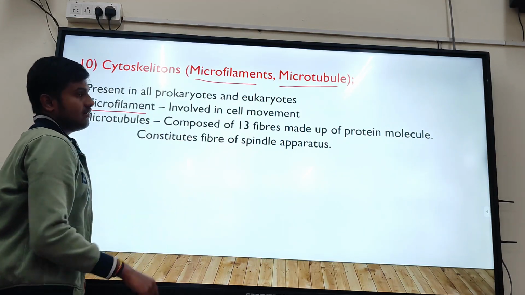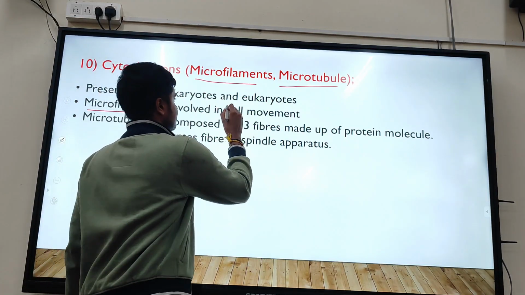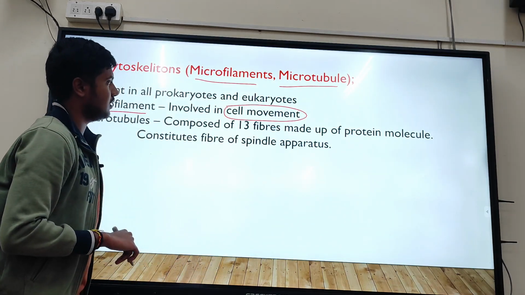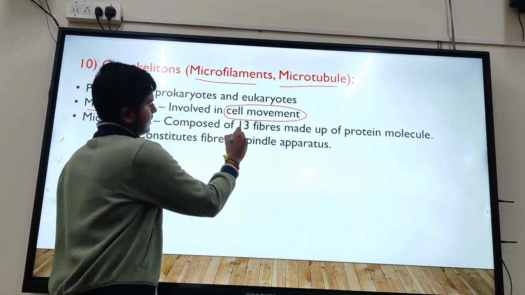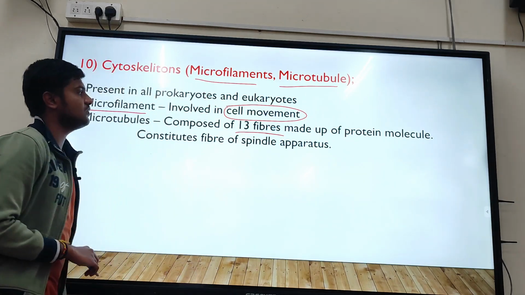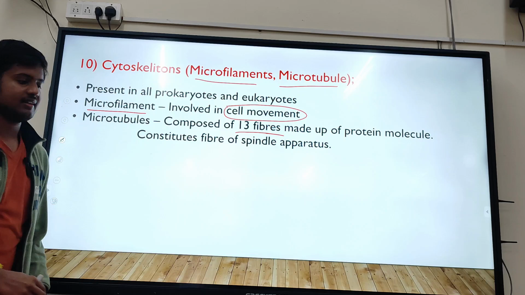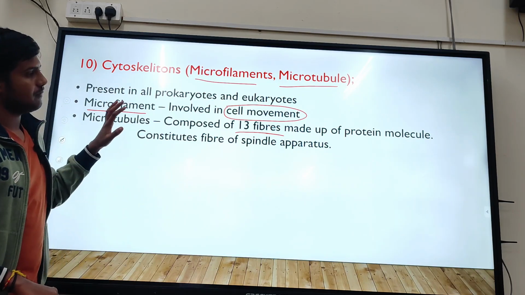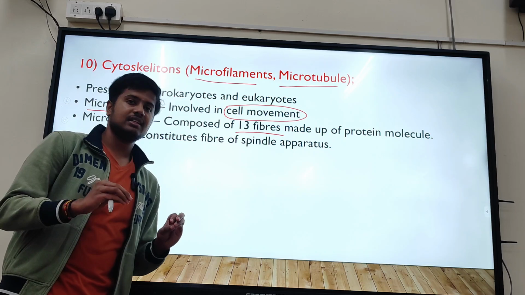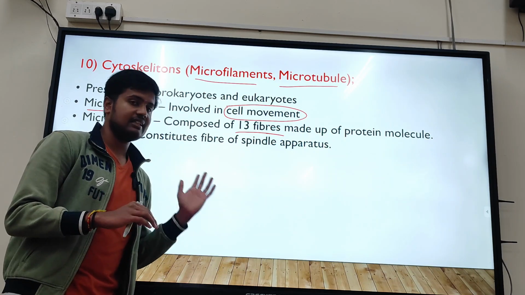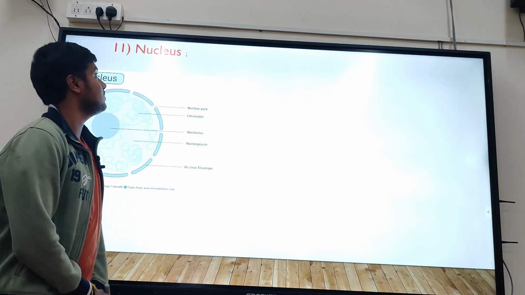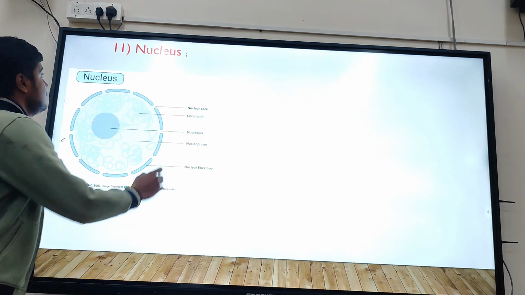Microfilaments are involved in cell movement, and microtubules are composed of 13 fibers made up of protein molecules, which constitute the fiber and spindle apparatus. These are the main components of cell division, where cell division occurs with the help of these organelles. Let's move on to another cell organelle, that is the nucleus.